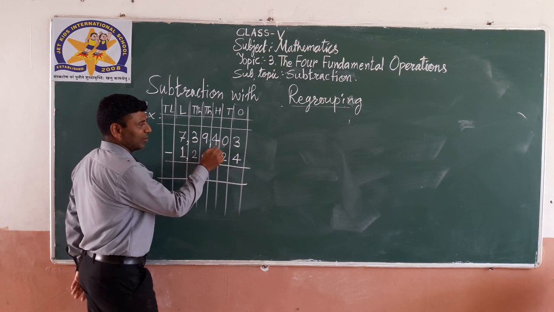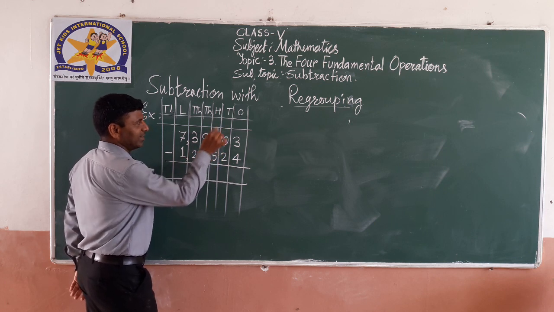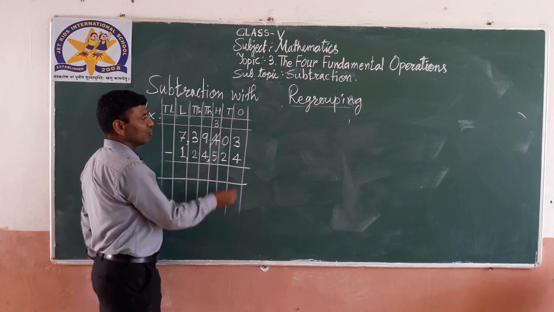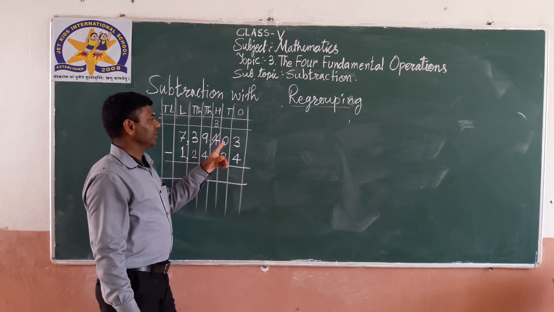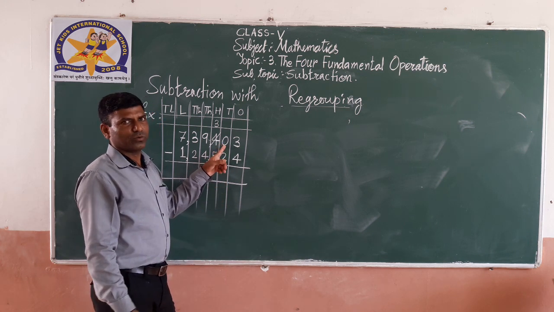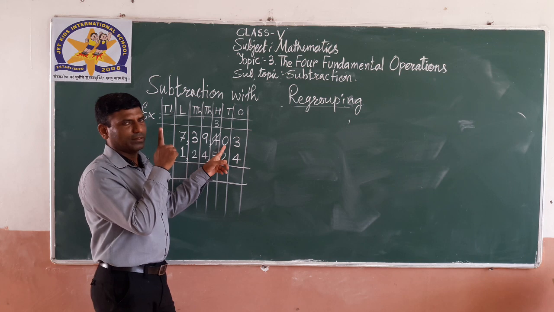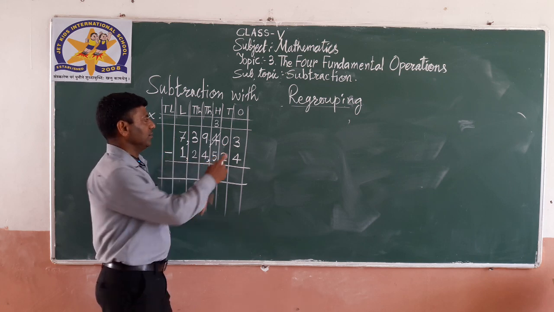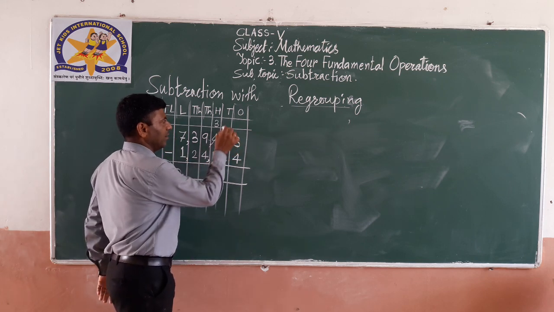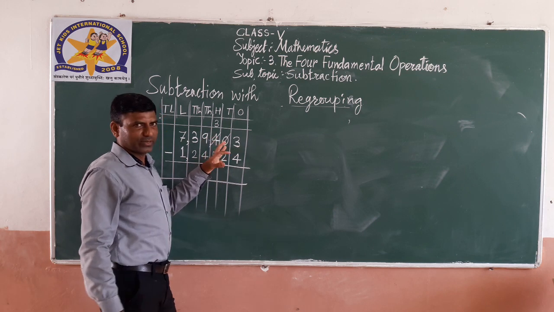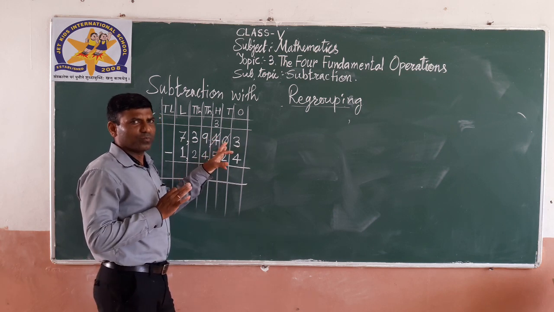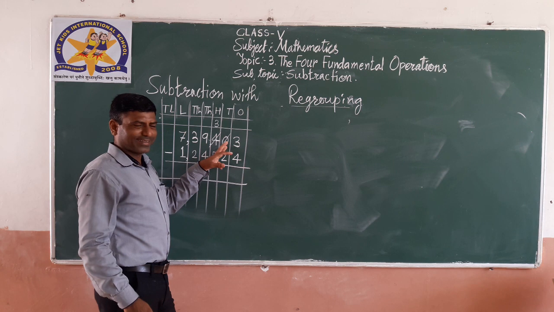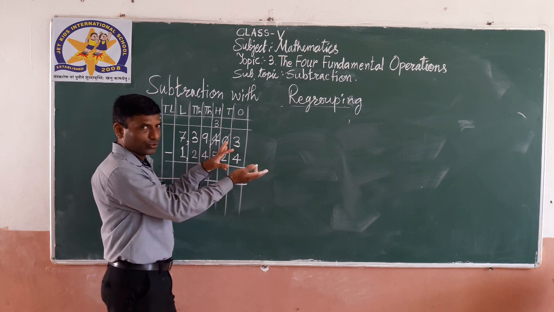Here is a 4. 4 donates 1. That is here 3. To whom does he donate? 0. Instead of 0, 1, 10. Can he keep the one which you are given with him? No. He has not kept it, he has to give it.